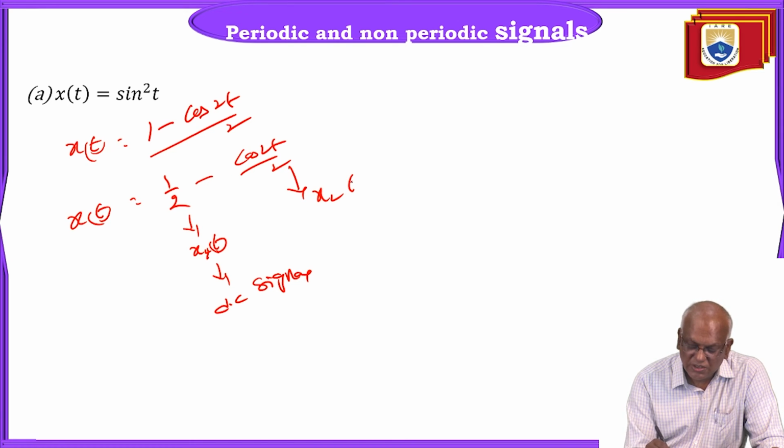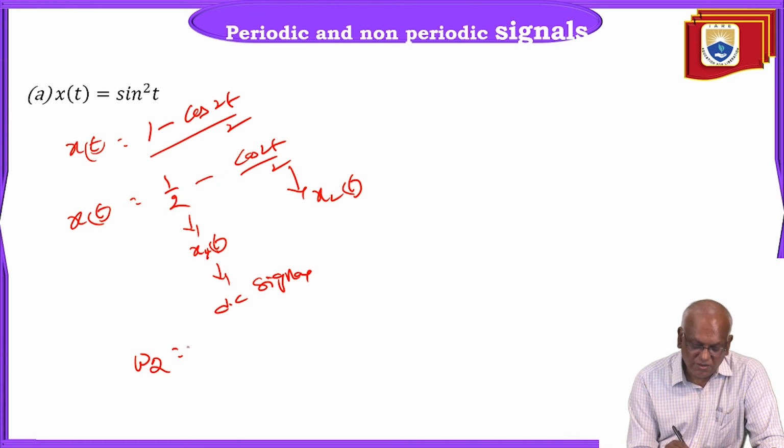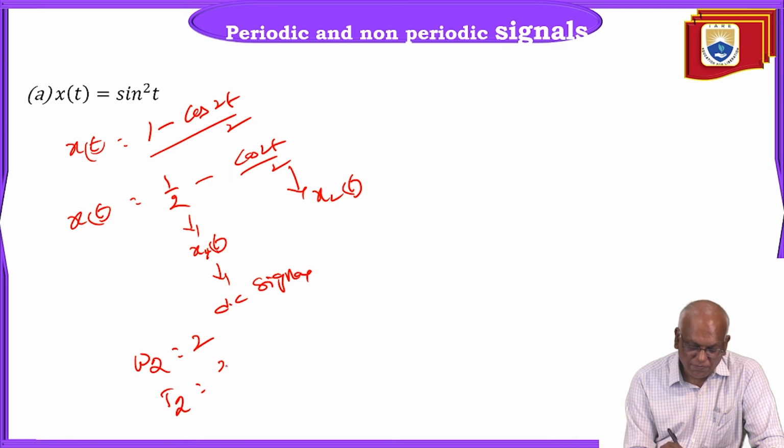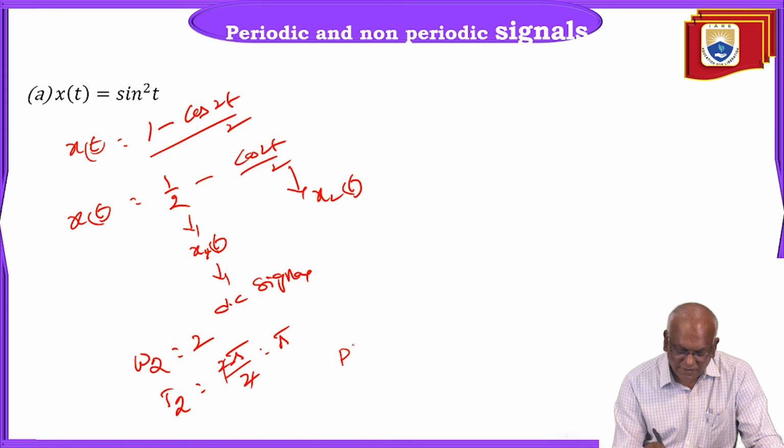For the cosine signal x2(t), what is omega 2? Omega 2 is given by 2, and T2 is given by 2 pi by omega 2, which gives pi radians. This is also a periodic signal.